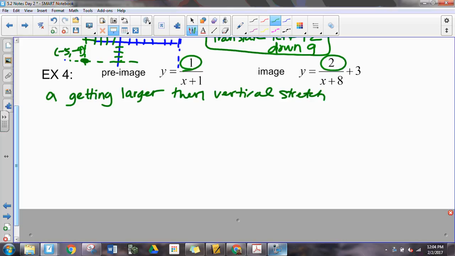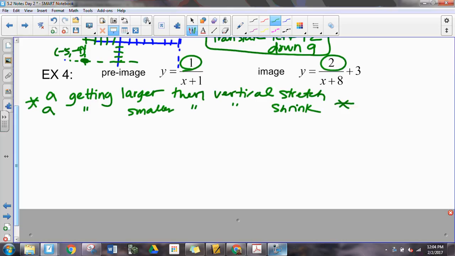Like what we looked at yesterday when we had 6/x and 1/x, it was a vertical stretch, it was getting farther from the origin. If A is getting smaller, then it's a vertical shrink. So this is just some notes for you there.